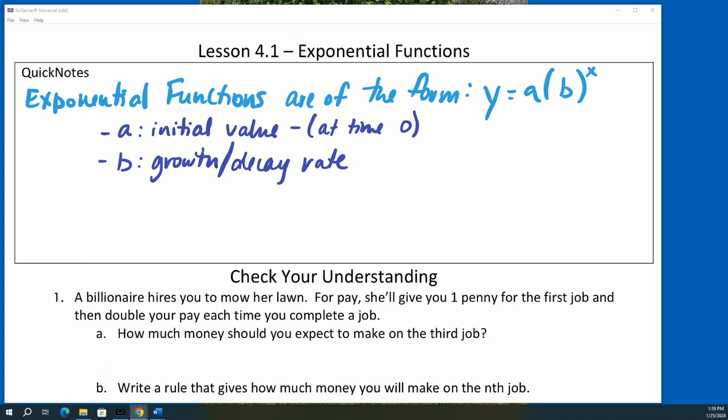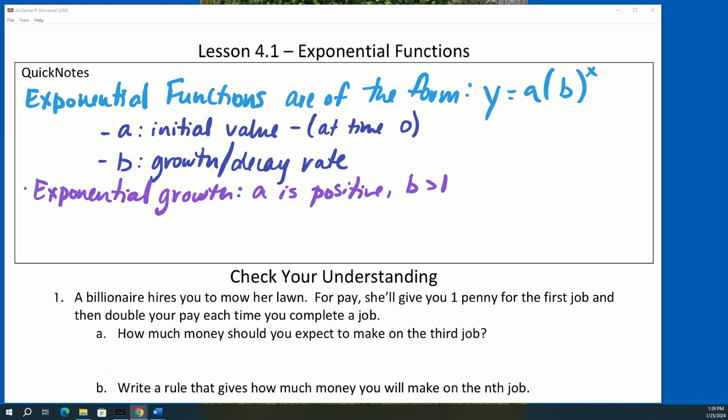All right, and so these functions in that form are going to be exponential growth when a is positive. So if a is negative, it could be some type of growth or decay. It's not necessarily going to be exponential growth or decay. So for us to say something's exponential growth, that number in front needs to be positive, and then b also needs to be greater than 1.